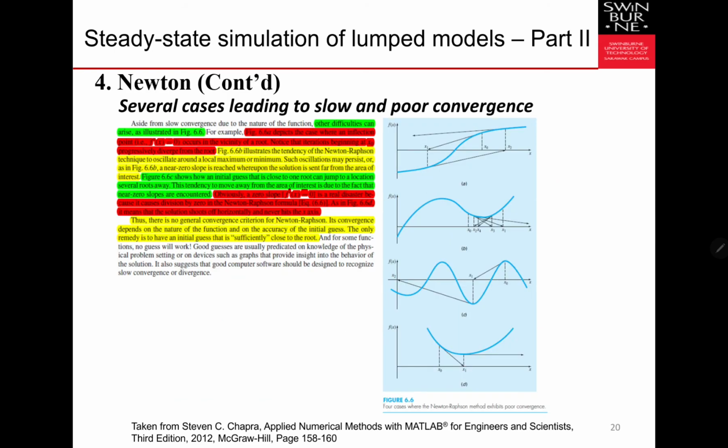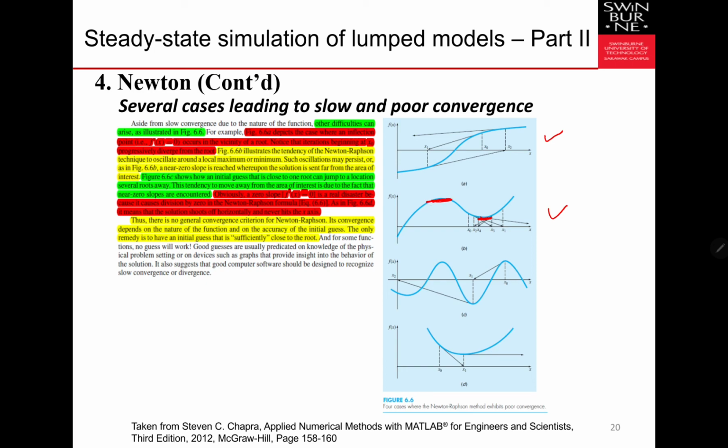Another case shown here, the first one, is where an inflection point occurs in the vicinity of the root. The next one shows the tendency of the Newton-Raphson to oscillate around a local maximum or minimum. Here it is a local minimum, and this one is a local maximum.